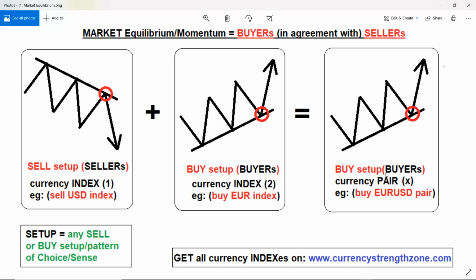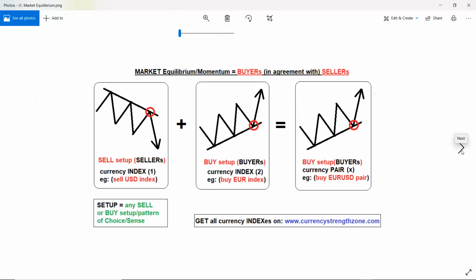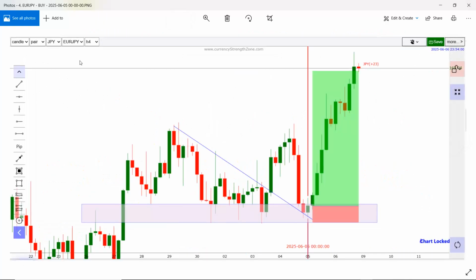So in this video I'm going to show you how our system and the index charts and data on our website help us to get these trades.